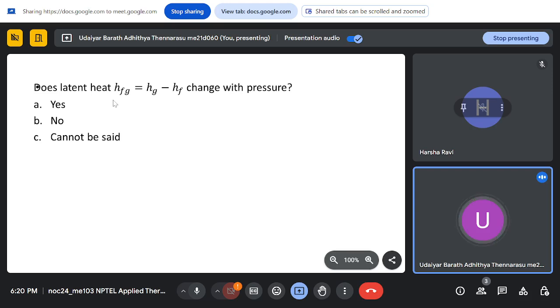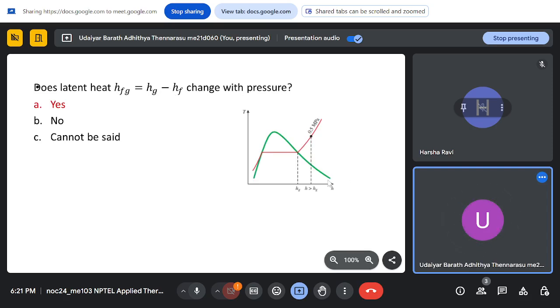The next question is, does latent heat, which is hfg, is hg minus hf, where hg is saturated vapor enthalpy and hf is saturated liquid enthalpy, change with pressure? The answer is yes, it will change. If you see a pH diagram of any fluid, this is how it will look. This is for water. This being a pure fluid, you can write it as pH also.